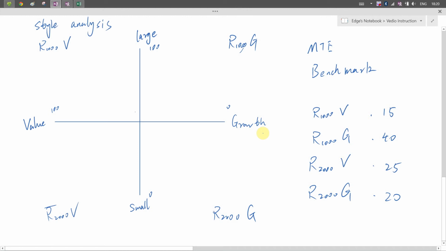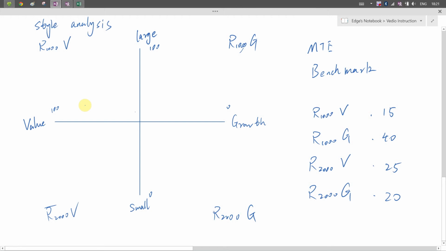A very simple example: if Apple this year has the major job of developing a new product, its stock is more like R1000 growth. If this year Apple wants to devote more money into investing in another project, it's closer to R1000 value. That's basically what the map is about.